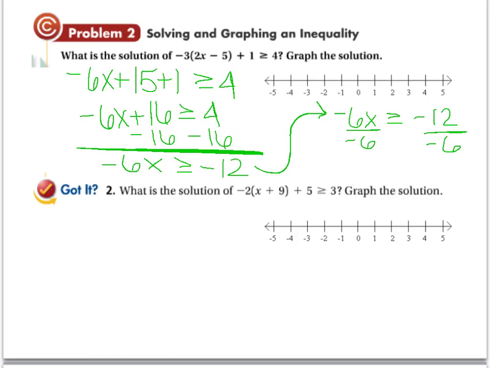So what inequality do I have here? X is what? Once I solve this. Corey. You mean the answer? Yep. X is less than or equal to 2. Very good. Closed circle at 2. Less than goes to the left.